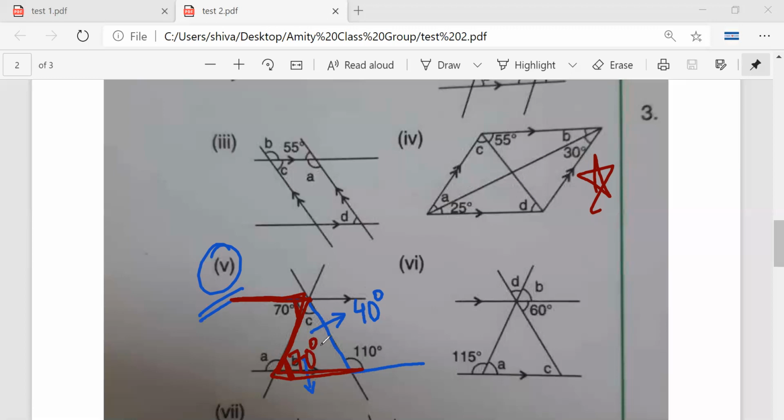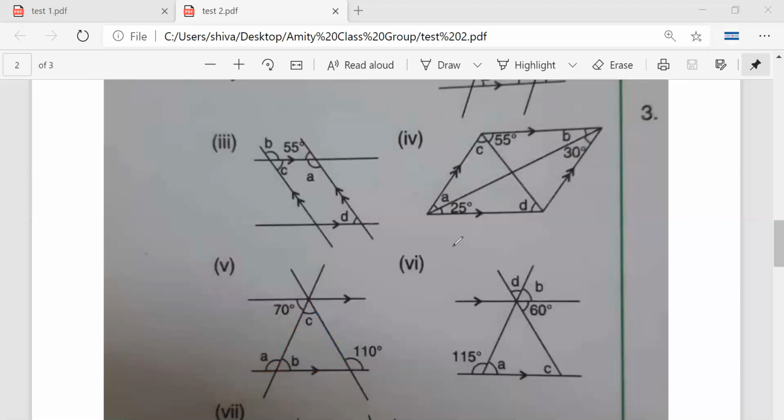Any doubt? No, sir. Mr. Sarthak, any doubt? No, sir. Therefore, this angle would be 110 degrees. Mr. Satya, any doubt? No. See, these are a bit difficult questions.